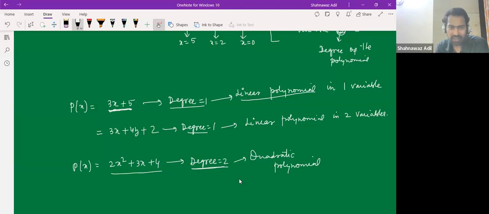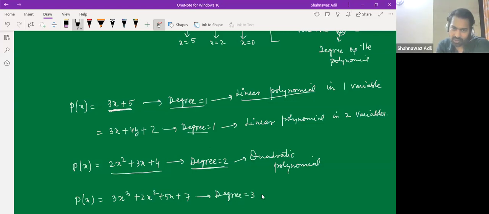Similarly, if we have these kind of polynomials, in here the degree is 3, so this is called a cubic polynomial.